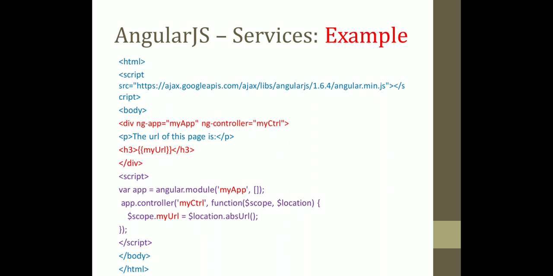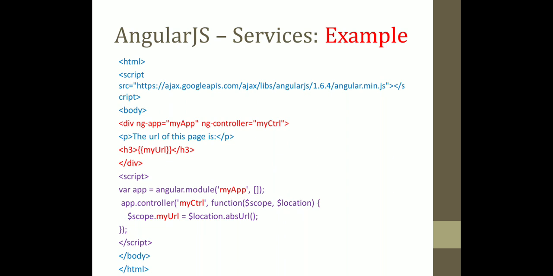Okay, so there may be questions like which services are provided by AngularJS. Then you can give like $http, $route, $window, $timeout, $interval. Okay, so there are about 30 services that are built in.